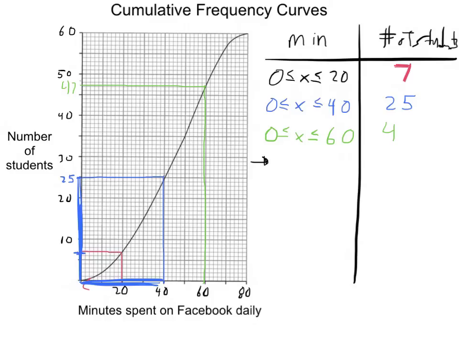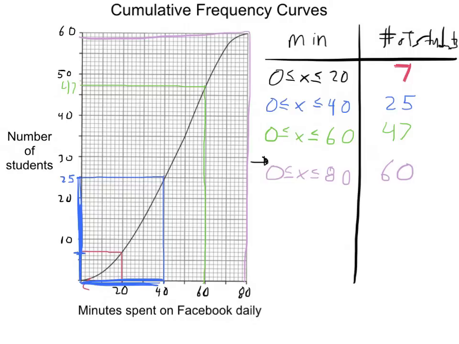Great, so there are 47 students who spent 60 minutes or less. And then finally, my last one, in purple: 0 less than or equal to x less than or equal to 80 minutes. As high as my chart goes, 80 goes all the way up and hits the function, and I didn't draw that very straight because I'm going in a hurry, but there are 60 students who spend between 0 and 80 minutes.